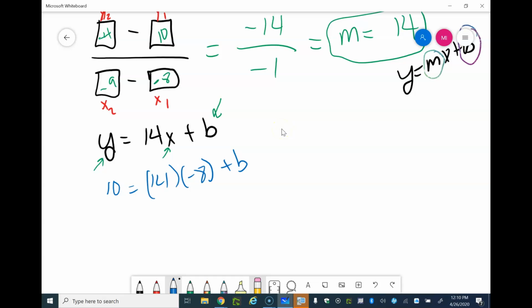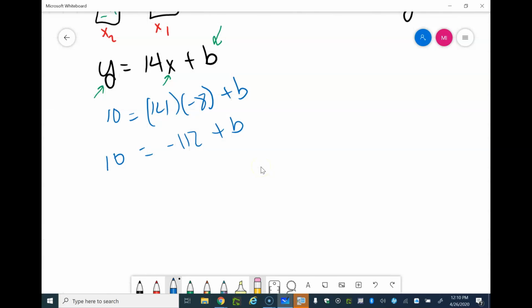If we put this in our calculator, 14 times negative 8 gives us negative 112 plus b is equal to 10. So I'm going to move the 112 over by adding.